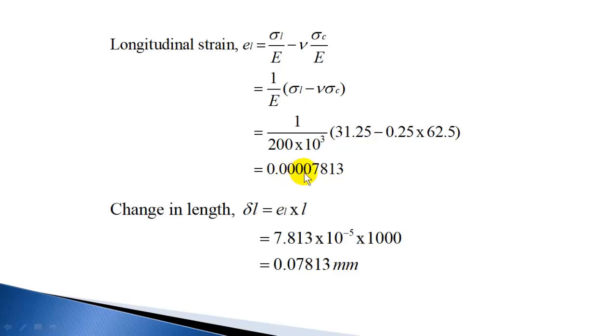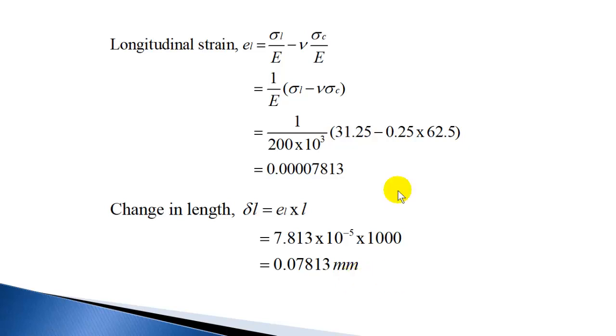Multiply with the length of the cylinder, which is 1 meter or 1000 mm. So you get the change in length as 0.07813 mm. This is positive, which means the length is increasing, and even the diameter has increased.